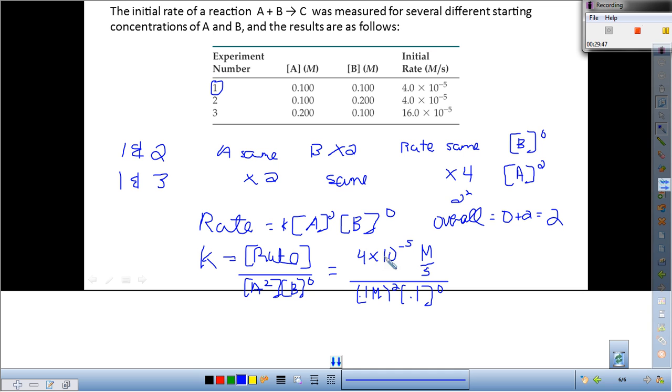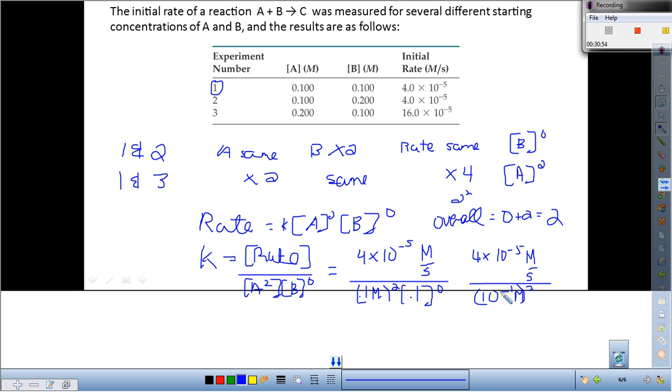Alright? So then we're going to have 4 times 10 to the negative 5, and that's going to be molars per second. And that's going to be divided by 10 to the negative 1 squared.